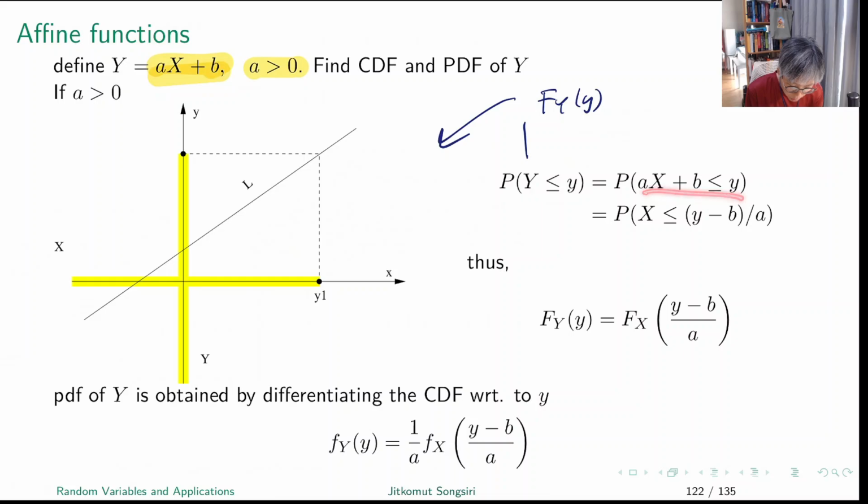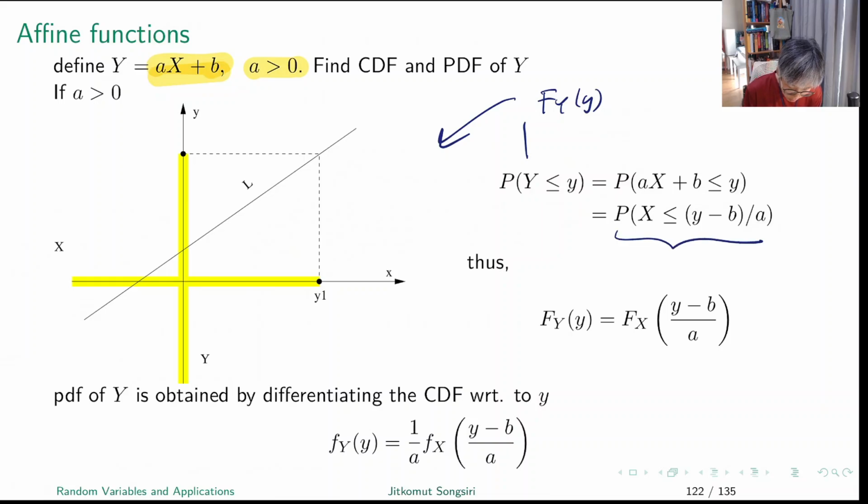From this step, you still try to find the equivalent probability by working around with this inequality. This is why we assume a is bigger than 0, just to simplify, because when you manipulate the inequality, the sign of a is important. So now we flip it and solve for X, and what we have is the equivalent probability in terms of X.